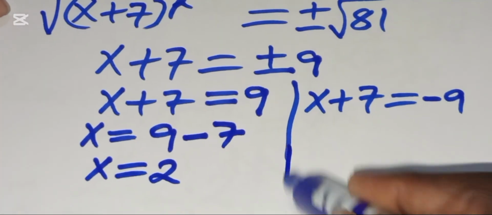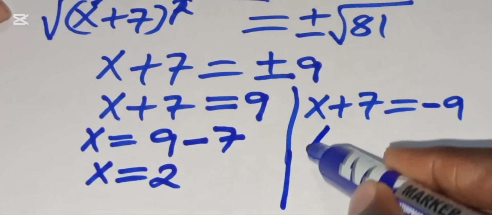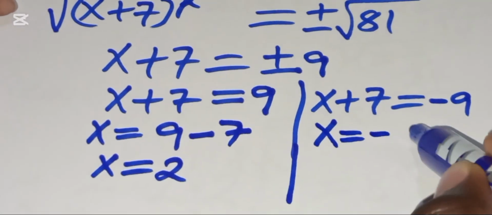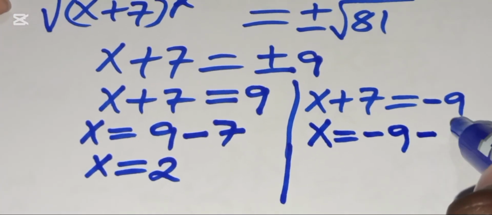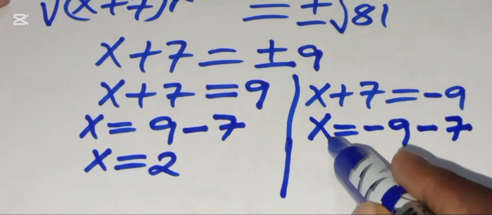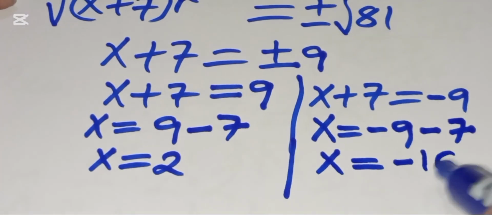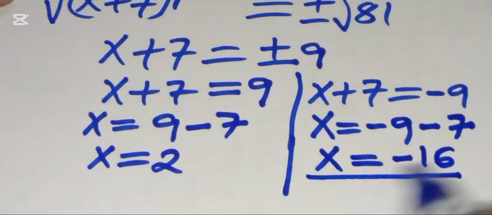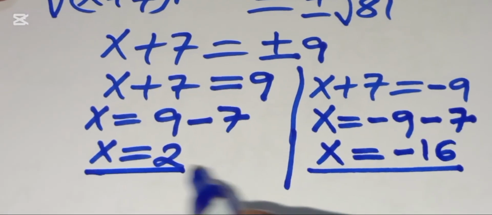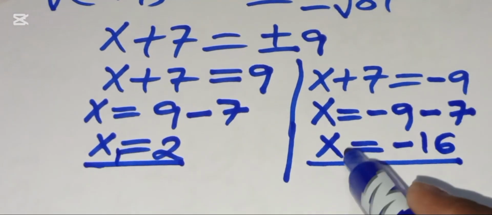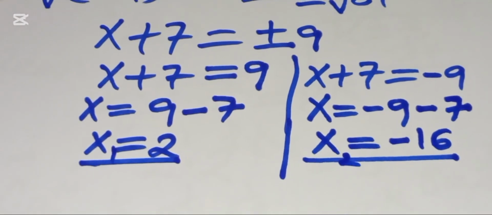In the second case, x is equal to −7 − 7, and that means x is equal to −16. As you can see, these are the values of x. You can call them x1 and x2, just the same values as method 1.